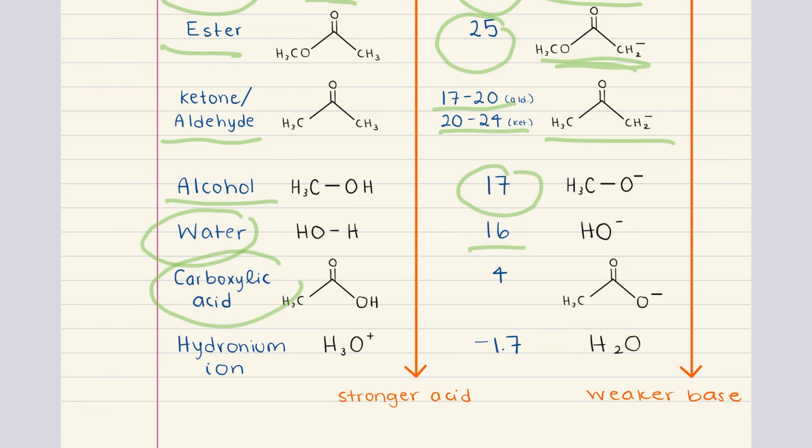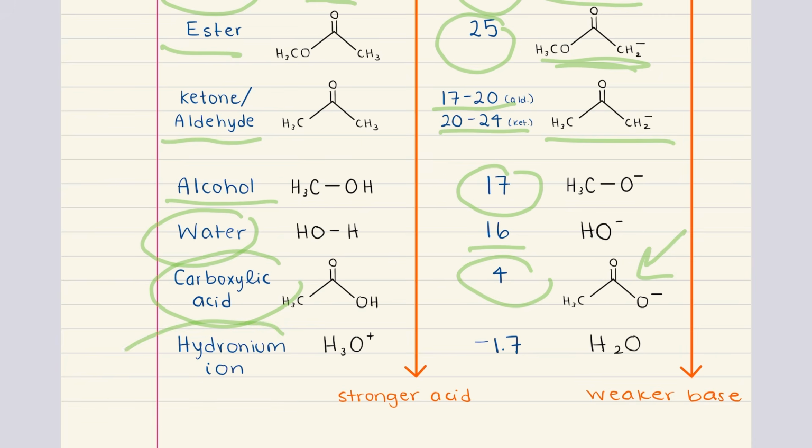These are much stronger acids than alcohols and ketones with a pKa of around 4. This substantial increase in acidity is due to the resonance stabilization of the carboxylate ion, which makes it a far more stable ion. This is why carboxylic acids readily donate protons in aqueous solution.